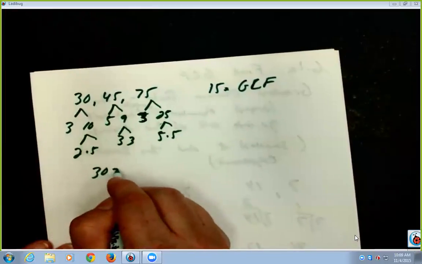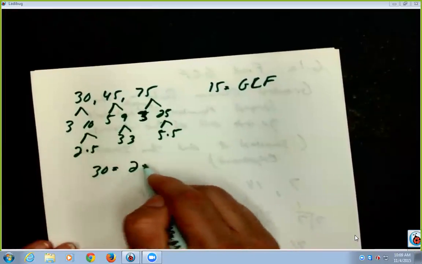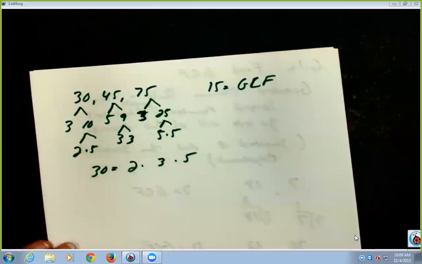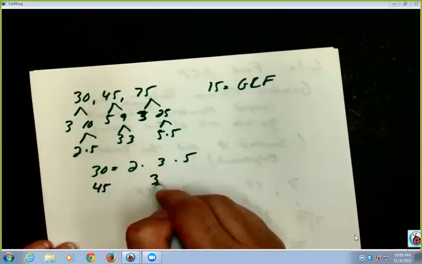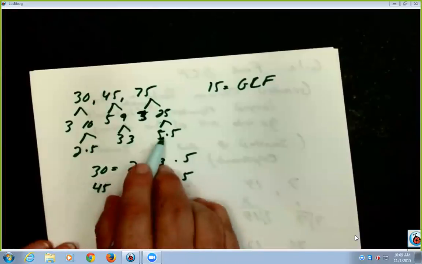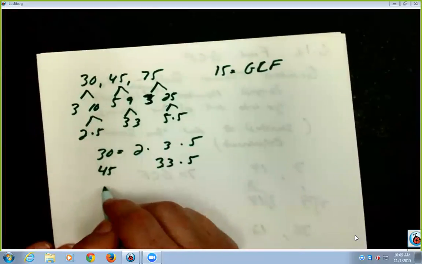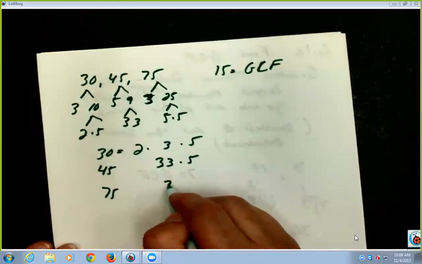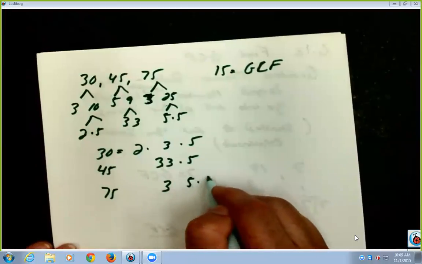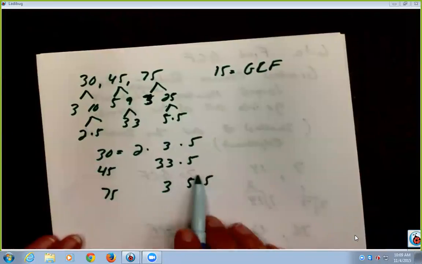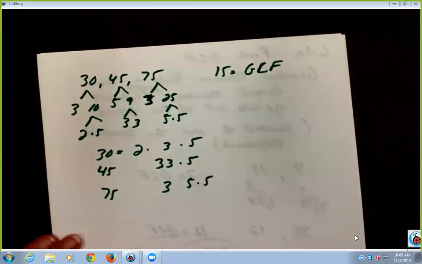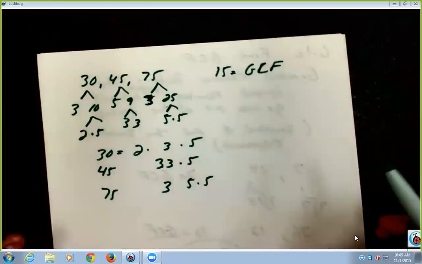So 30 is 2 times 3 times 5. 45 is 3 times 3 times 5. And last is 75, and that is 3 times 5 times 5. Now, instead of circling the largest group like when we did the LCMs, least common multiples, where we circled the largest group of all of these things, this time we're going to circle the smallest group.